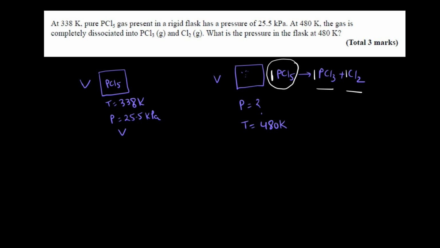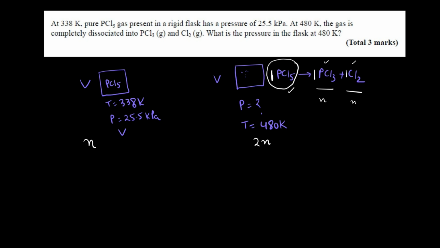So if I know the moles here, the moles will be twice, 2 times. Right? Because PCl5 completely dissociates into PCl3 and Cl2, and 1 mole is giving me 1 mole and 1 mole. So n moles will give me n mole and n mole, means 2n moles. So can I find the moles here?